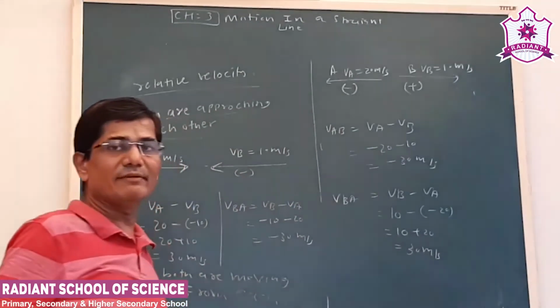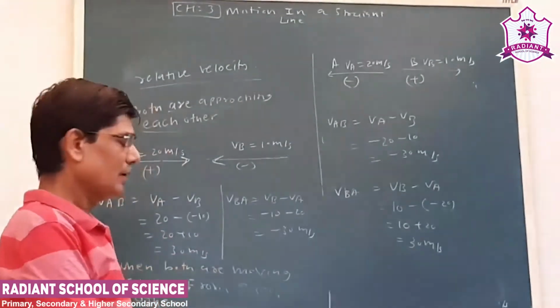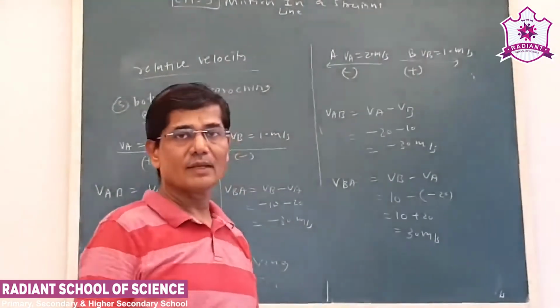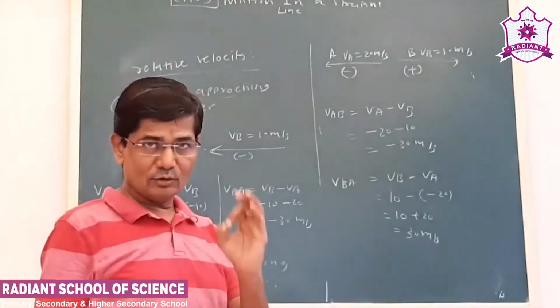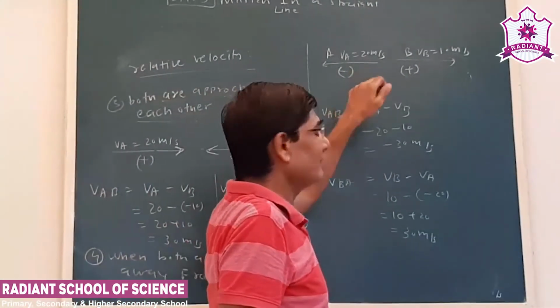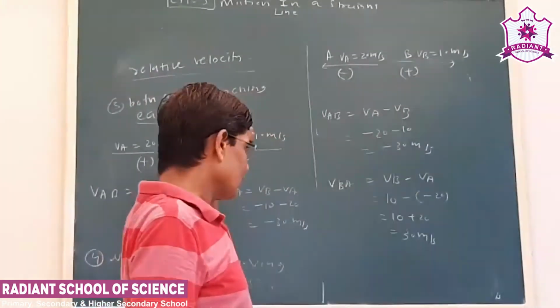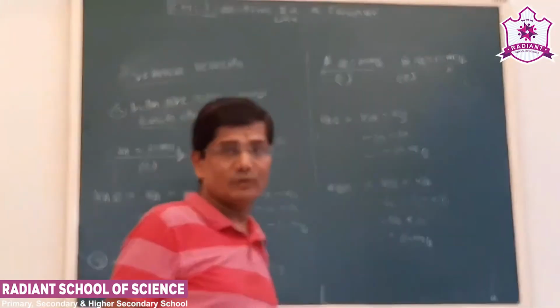So, what we infer from this? See, when they are moving toward each other or receding from each other, the relative velocity is larger than their individual values. Again, we can say A velocity is 20 meter per second, B velocity is 10 meter per second, but see their relative velocity is larger than their individual values.